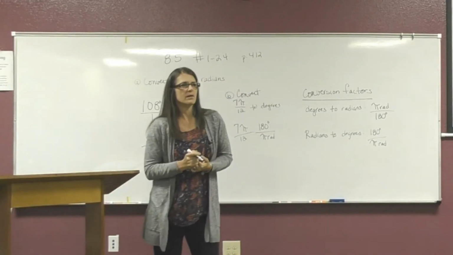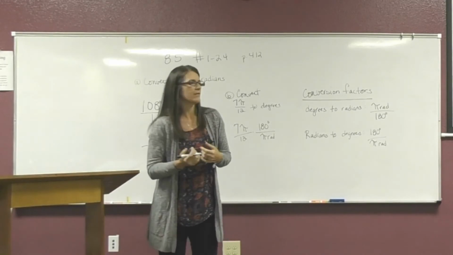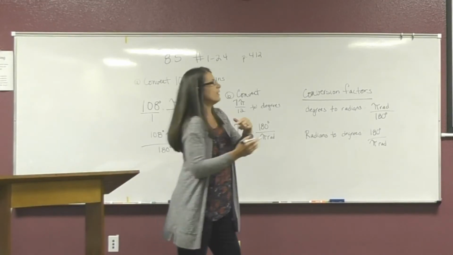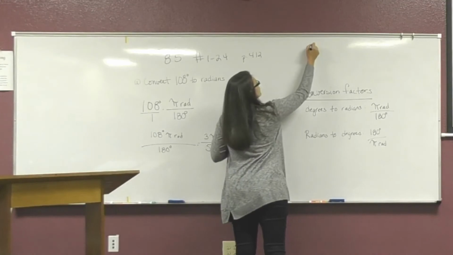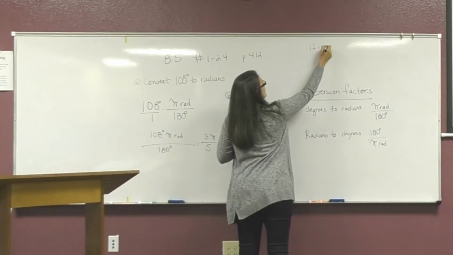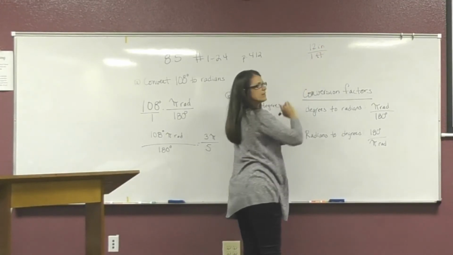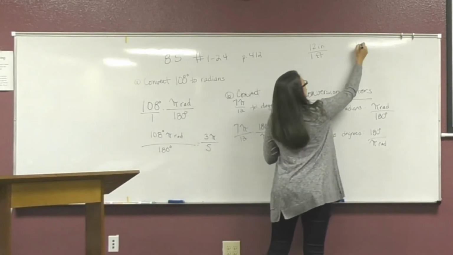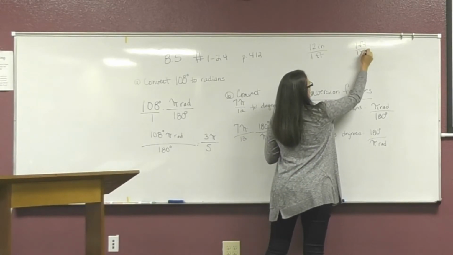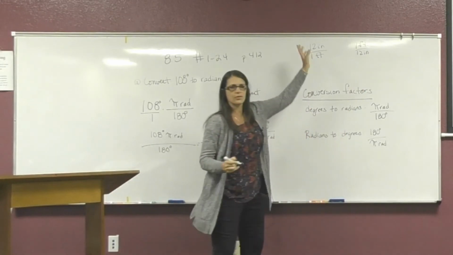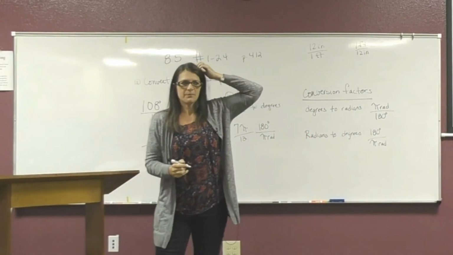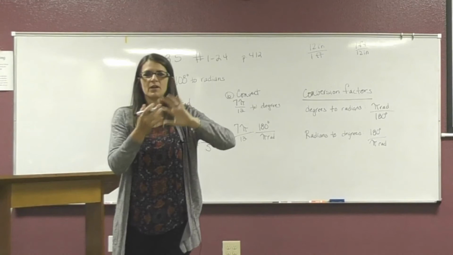Like, for those of you that have had physics and stuff like that, 12 inches equals 1 foot, and 1 foot equals 12 inches. And you can use that to convert however you need to, whatever it is that you're trying to get rid of.